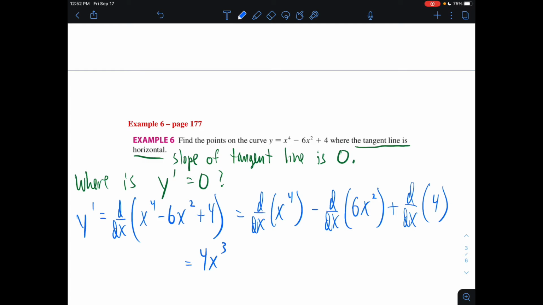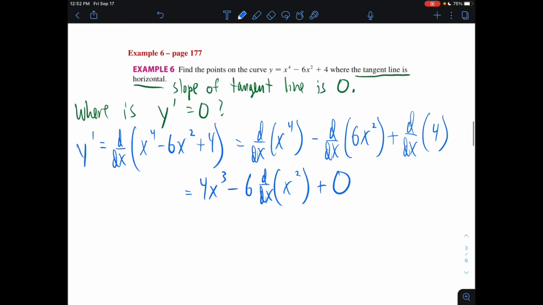On the second derivative that I have listed, I can factor out the 6. And then on the third derivative, the derivative with respect to x of 4, that's going to be 0. And then finally, I can use the power rule for x squared, and I get 6 times 2x. And so what I get from my derivative is 4x cubed minus 12x.